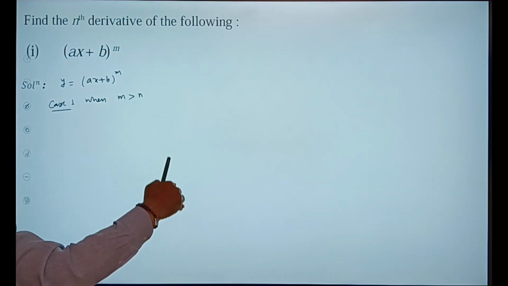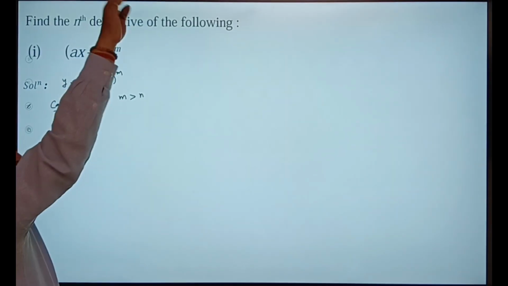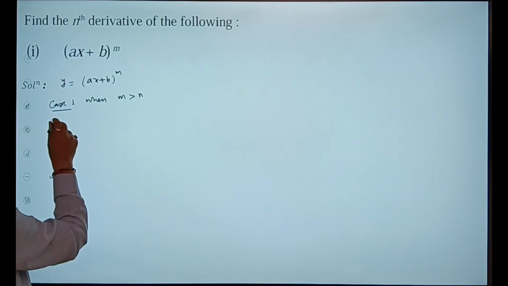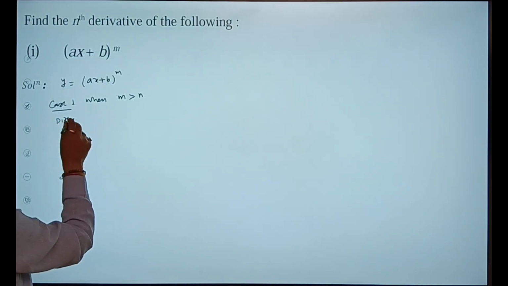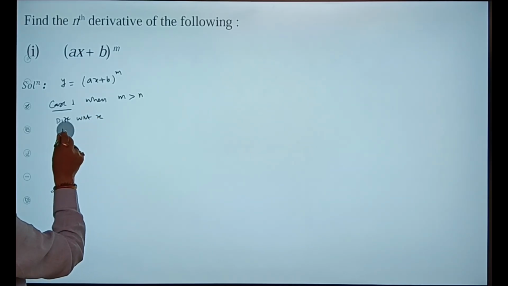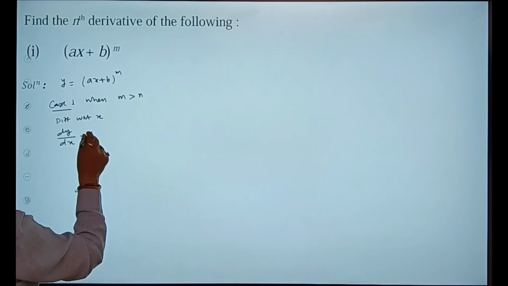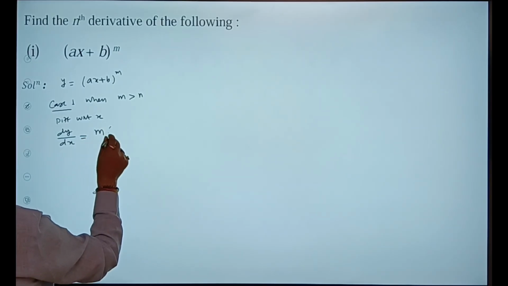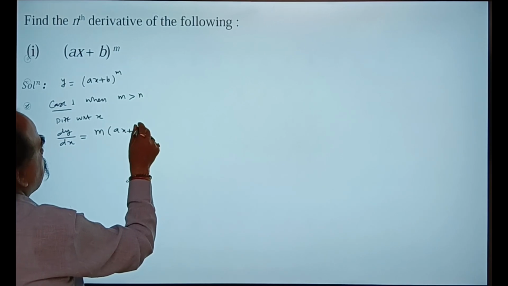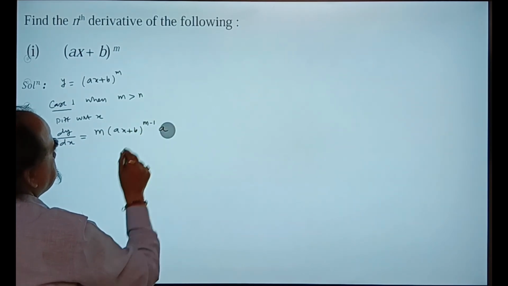That means we'll cover nth order derivative first. Differentiating with respect to x. dy by dx is what? m into (ax plus b) to the power m minus 1 into a.